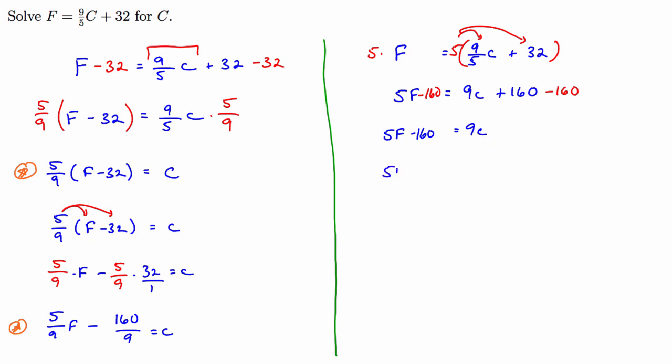And to solve 5F minus 160 equals 9C, I need to eliminate the variable's coefficient. I need to divide both sides by 9. And in turn, simplifying this, the 5F minus 160 all over 9 does not reduce, but the 9C over 9 does reduce down to C. And you'll notice we now have a third possible way of writing our answer.